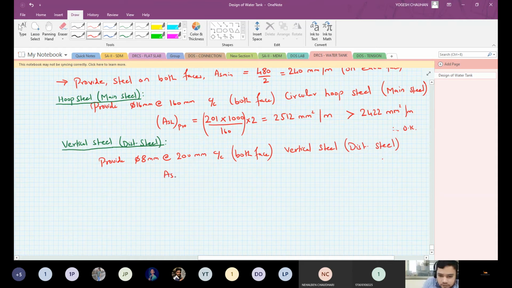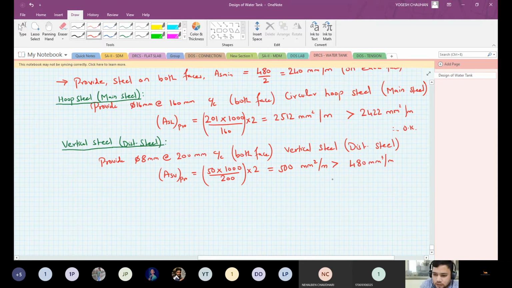So your ASV, vertical steel provided, is equal to, for 8 mm diameter, the area is 50 into 1000 divided by 200, and this is also provided on both the faces, so multiply by 2, so it will be 500 mm square, which is greater than your 480 mm square per meter.